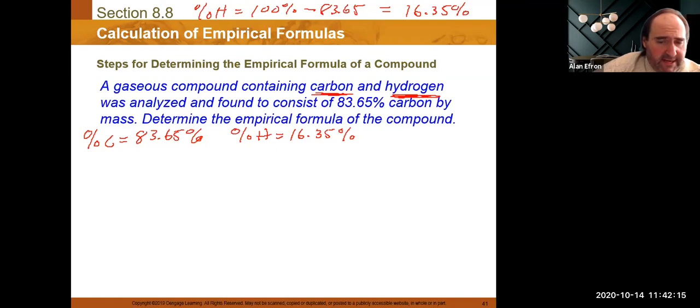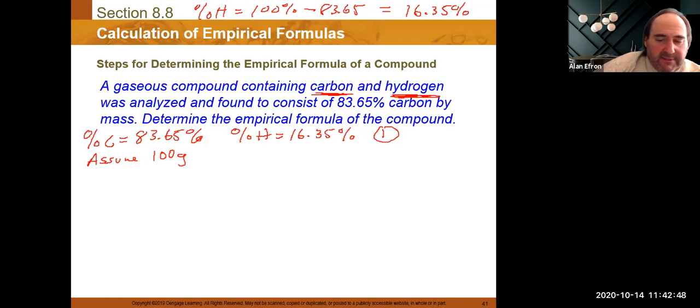Any questions on that? So that's step 1 here, leading into what we're going to do. Now that we have the percentages of each of these elements, we could assume that we have 100 grams. The reason we assume 100 grams is when I convert my percentages into a usable number, I would have 83.65 grams of carbon and 16.35 grams of hydrogen.